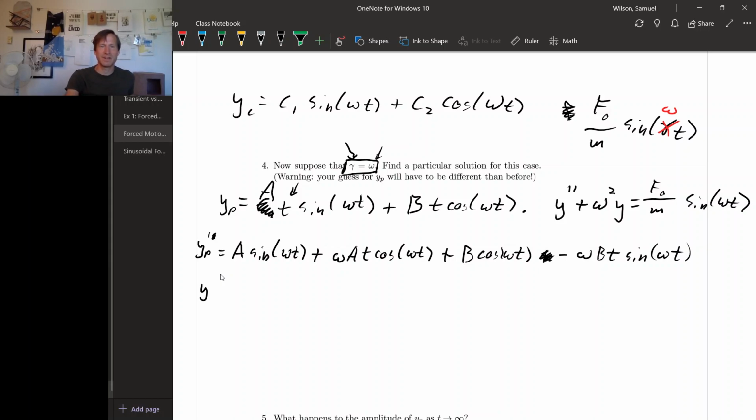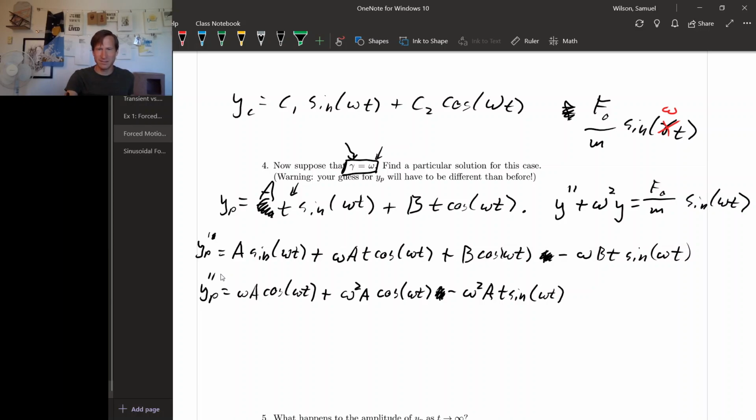Okay, now for second derivatives, we got omega A cosine omega t plus, now I have to do the product rule on this mess, so omega squared A cosine omega t plus, let's see, minus, because we're going to differentiate a cosine, omega squared A t sine omega t.